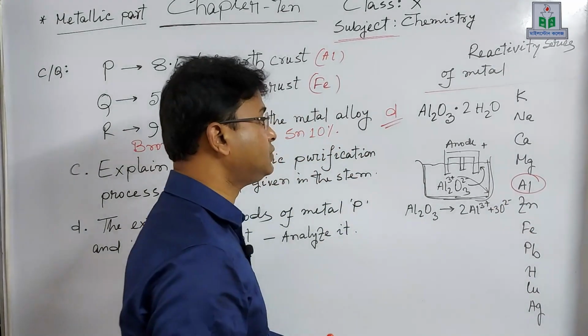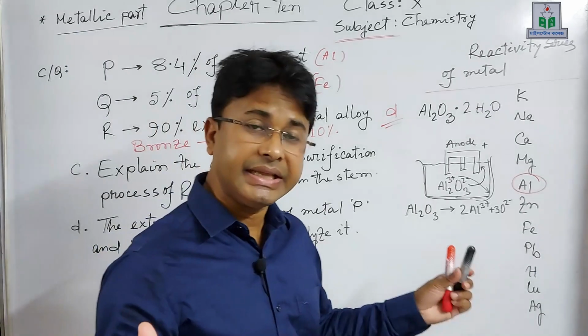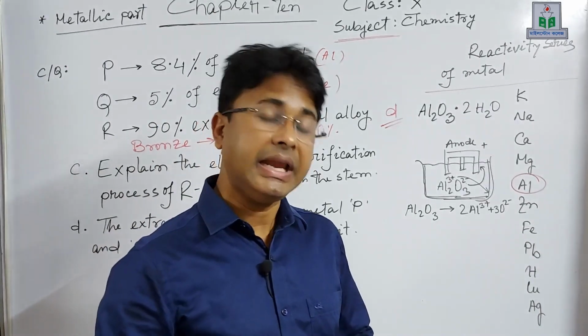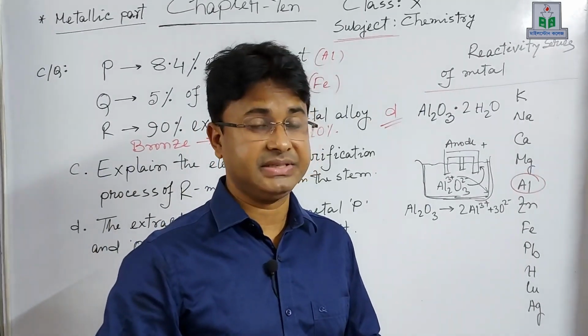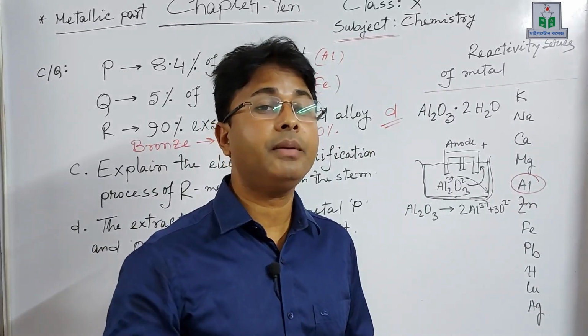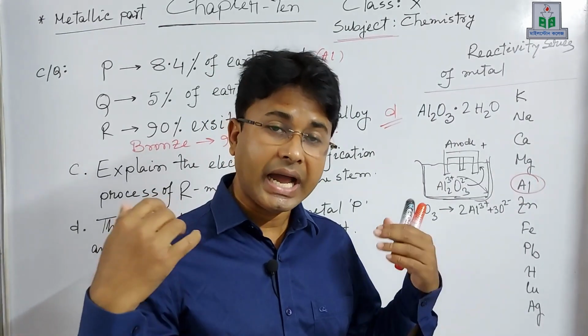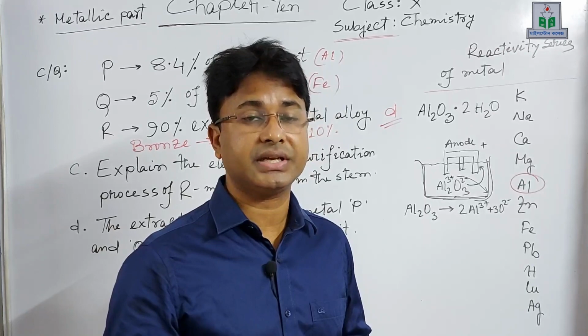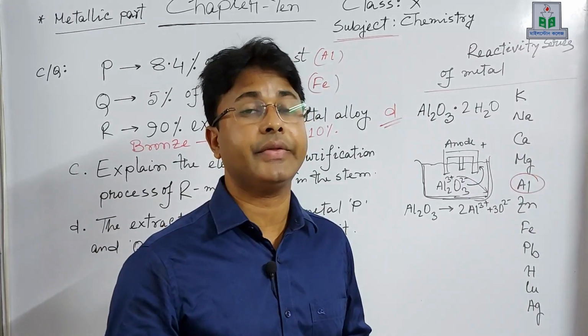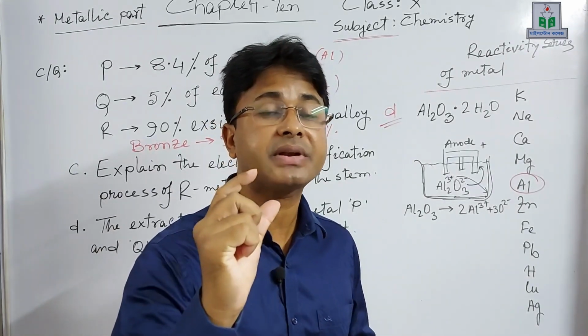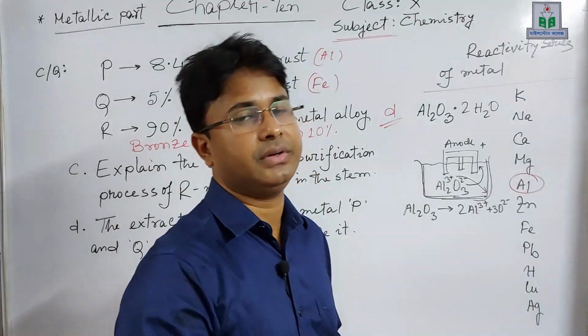Already I have told you aluminum is a highly reactive metal. Highly reactive metal means aluminum has high tendency to release electron to form aluminum 3 plus ion. So this aluminum 3 plus ion is very stable.